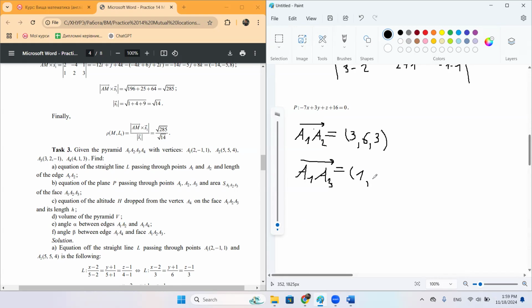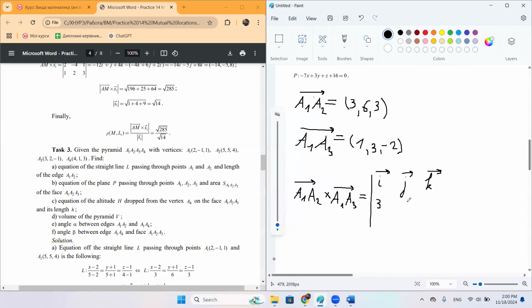has coordinates 1, 3, minus 2. So the cross product, by the way, I could move 3 out of brackets, but let's leave it in such form.